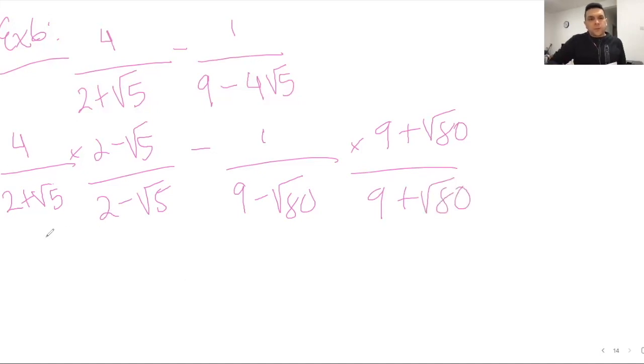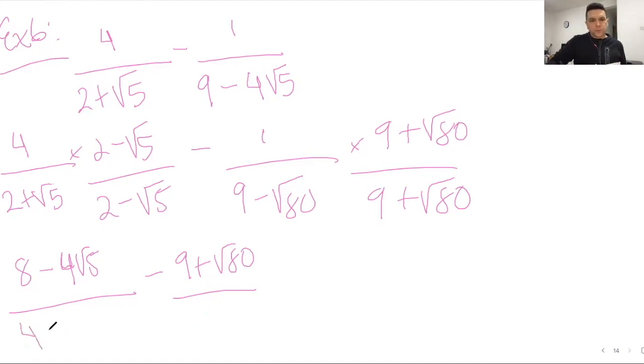All right, so this would have 8 minus 4, apologize, 4 minus, yeah, this one squared. So that would be 4 minus, and then square root of 5 squared is 5. And then this one, 9 squared is 81, minus square root of 80 squared.